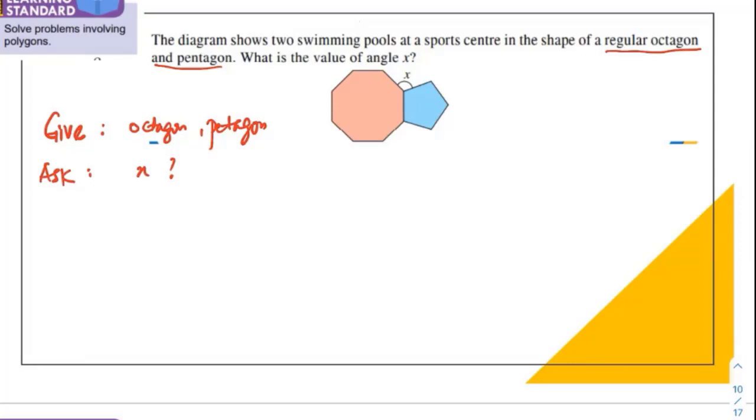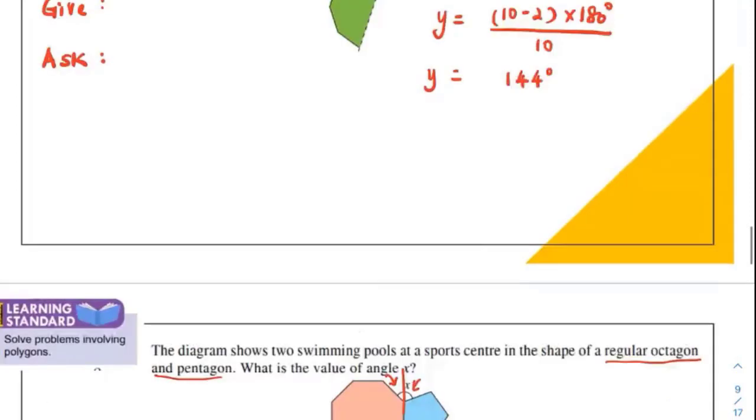Then I divide it into 2, because this side is the exterior angle of a pentagon and this side is the exterior angle of an octagon. So how to determine the exterior angle of an octagon? What's the formula? 8 minus 2, times 180, over 8. Are you sure? Is that the formula?